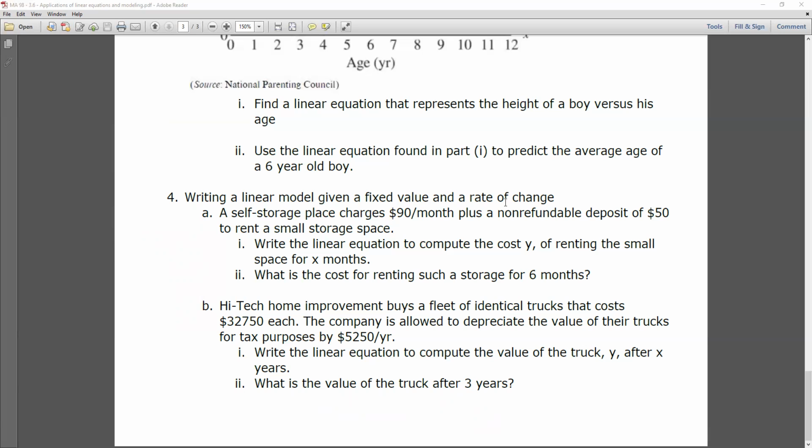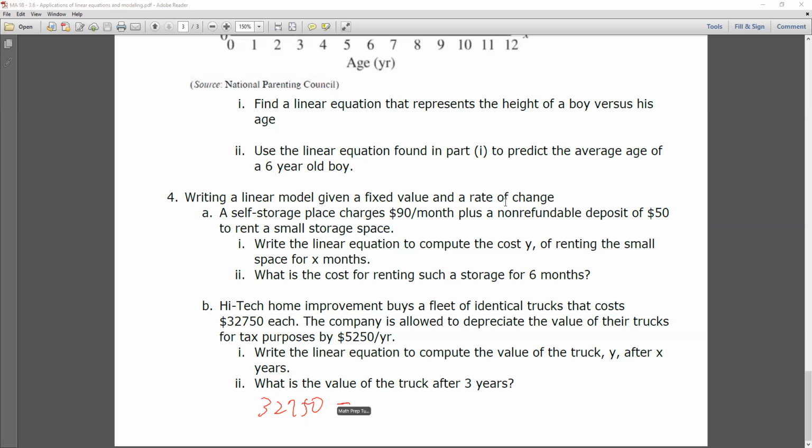Well, we know that the value is going down by $52.50 every year. So in this case, we're going to have $32,750 as our starting amount.